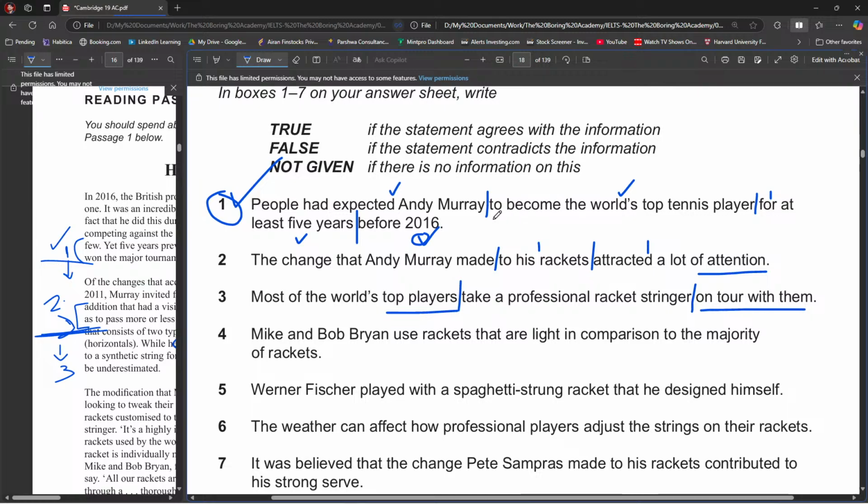You found the second information, to become the world's top tennis player. You found the third information as well, for at least 5 years, and the fourth information is also given, that it was before 2016. The only change you see is the words are slightly different, but the meaning is exactly the same. What they did is paraphrase the question. What would you select now? The meaning is exactly the same as per the question.